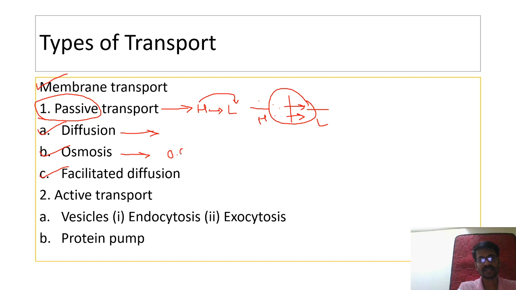No energy is required to move water molecules from higher concentration to lower concentration through a semi-permeable membrane. This movement is termed osmosis.